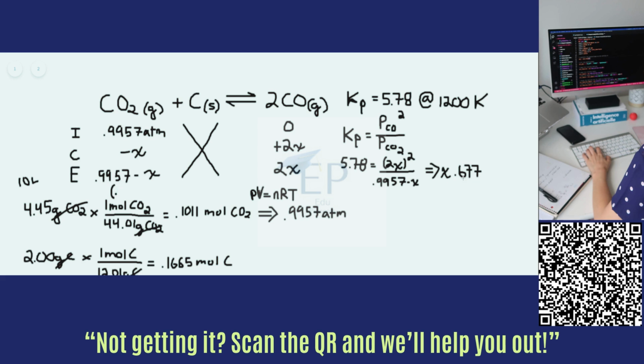If you put 0.677 in for x here, you would find that you would have 0.3184 atmospheres of CO2, and you would find that you have 2 times 0.677, or 1.3546 atmospheres of carbon monoxide.